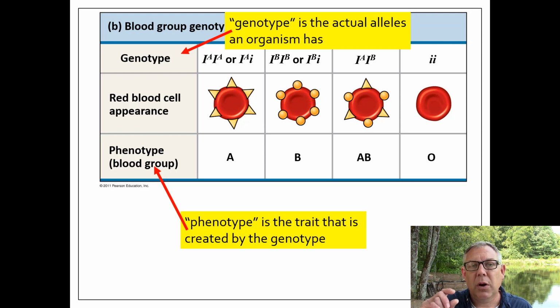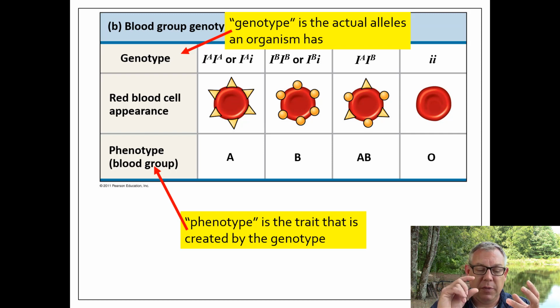If you have a lowercase i allele, you're not going to produce any protein on the surface. And so that's why a heterozygous person who has an A allele and a small i, they're still type A blood, because that one allele produces type A protein. And so the red blood cells have type A protein.